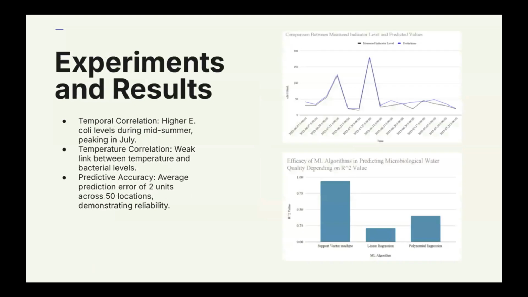So to ensure that our application was going to be most effective and most reliable, we conducted several experiments. And so for the first one, we focused on understanding the correlation between dates and temperature.